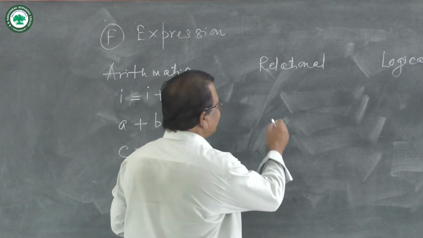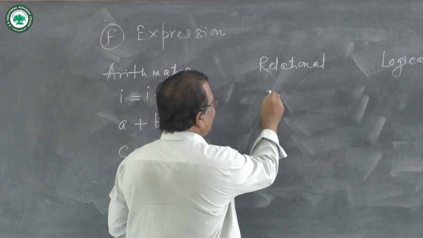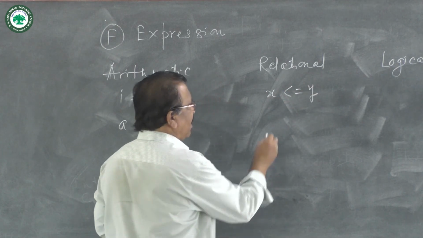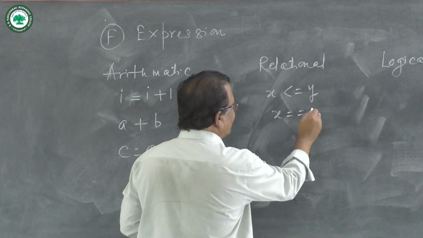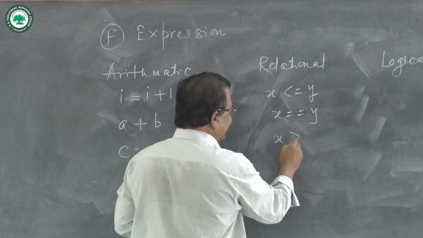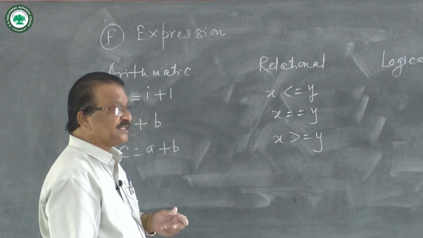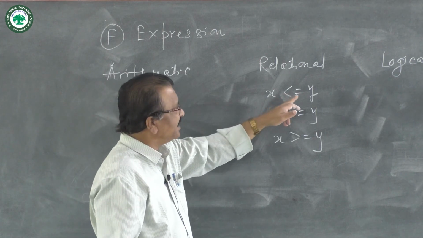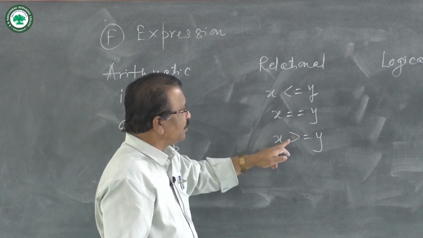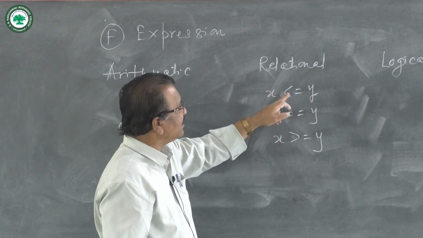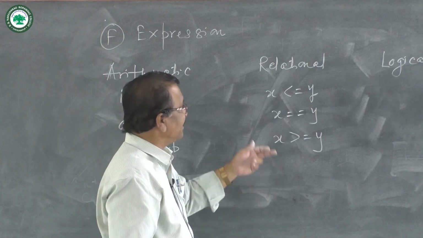In relational expression, we are making use of relational operators: x less than or equal to y, or x equal to y, x greater than or equal to y. These are relational expressions because less than or equal to, greater than or equal to are relational operators.